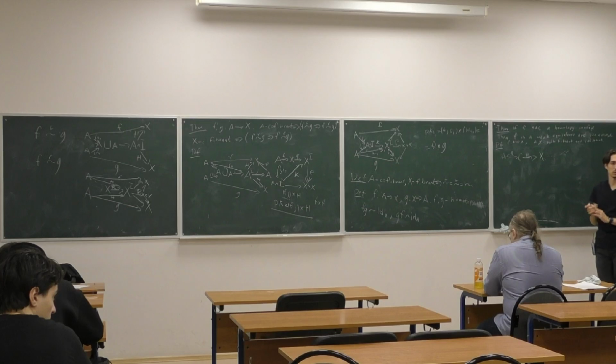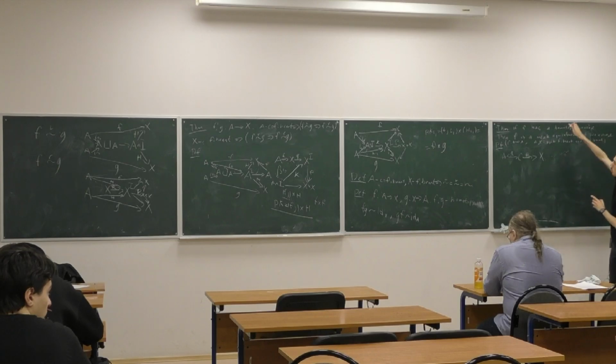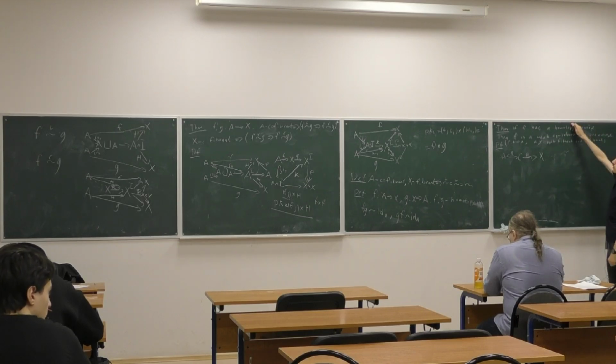One question: F is a weak equivalence, does that imply that A and X are both fibrant and cofibrant? No, this is the condition. This is the condition for this to work, and it is part of the statement of the theorem.